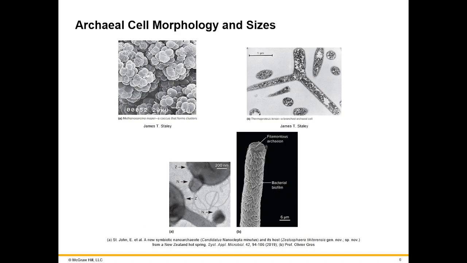So here are some morphological views of them. This is a cluster of cocci. Then we have this branched form, which is quite surprising for a unicellular organism. Bacteria, on the other hand, very rarely, if ever, form these branched forms, but archaea do form these branched cell structures.